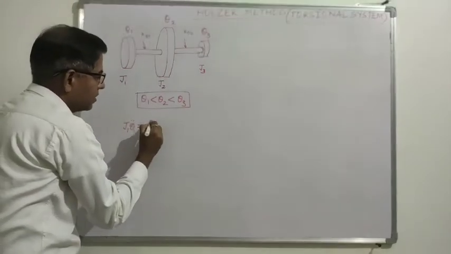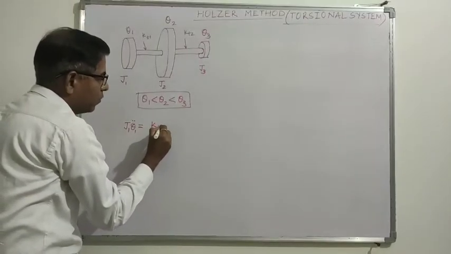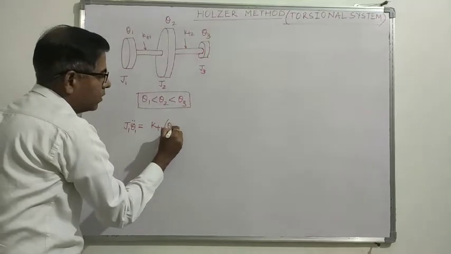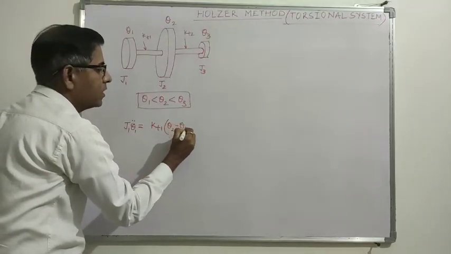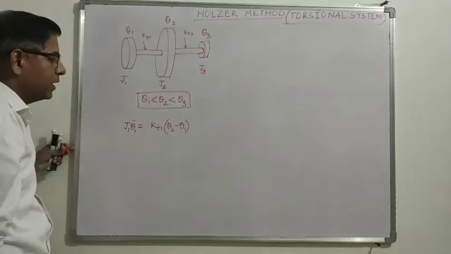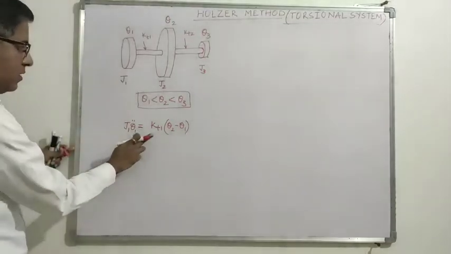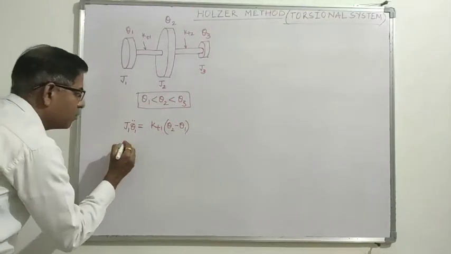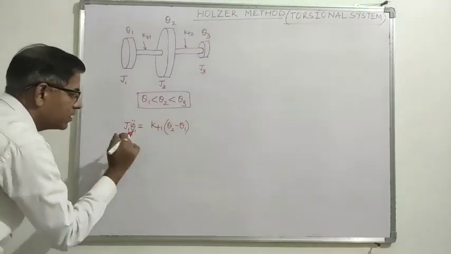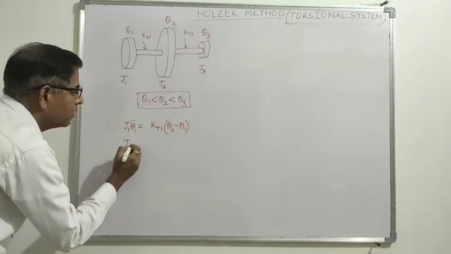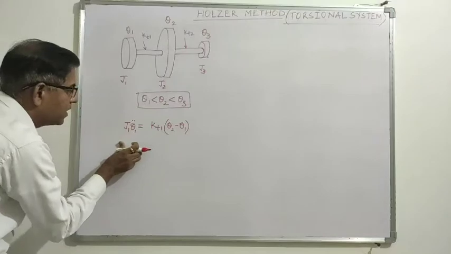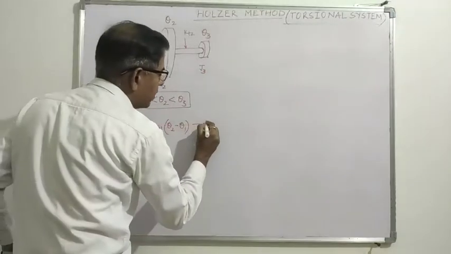So that is why this is KT1 (theta 2 minus theta 1). So this is the equation of motion. We will keep it as it is. So this is equation number 1.